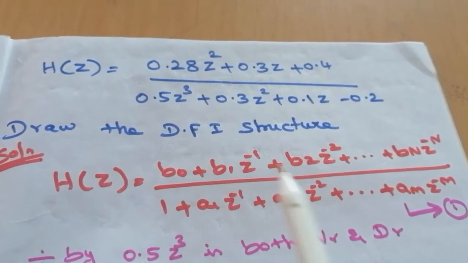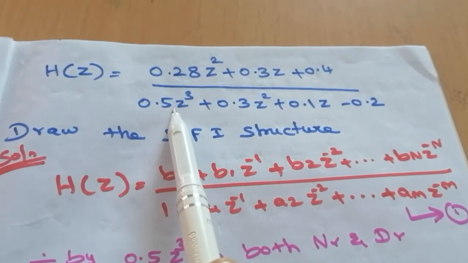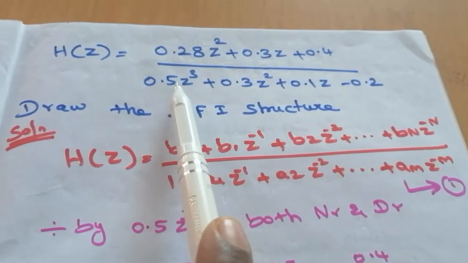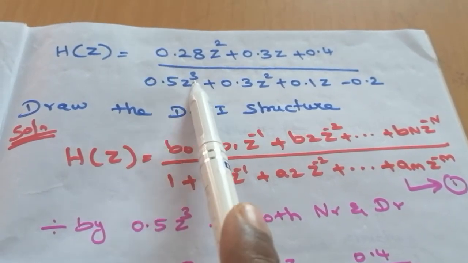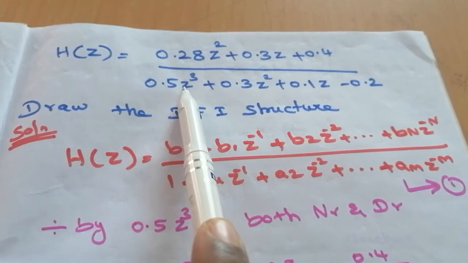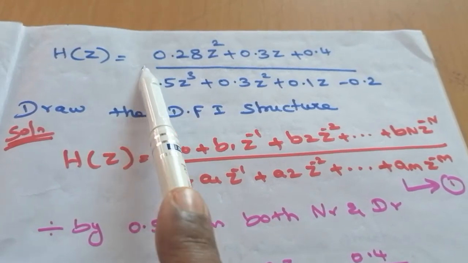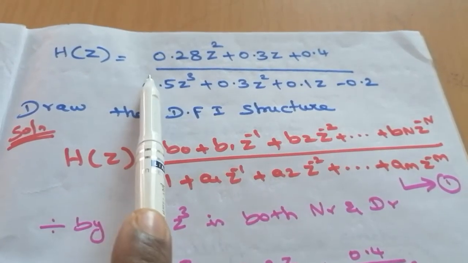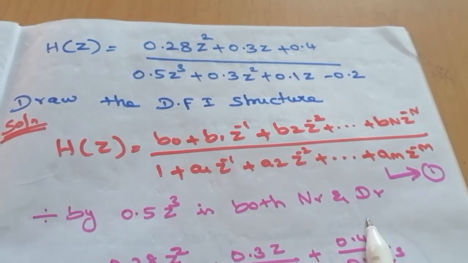For that, we have to make the first term 1. So we have to divide by 0.5 z cube, because here the first term is 0.5 z cube. Then only we get the constant 1. So we have to divide the whole transfer function by 0.5 z cube in both numerator and denominator.